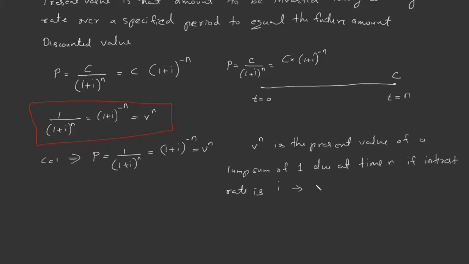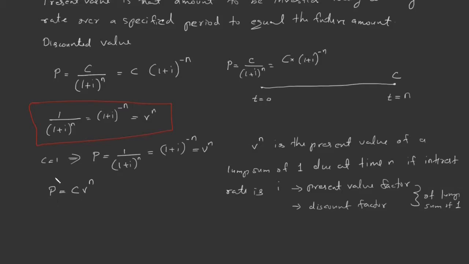We call it the present value factor or discount factor of lump sum of 1. So this can be written as P is equal to C into v raised to n. So if I know the value of v raised to n, that is the present value factor or discount factor, then we just multiply that factor with the future required value.